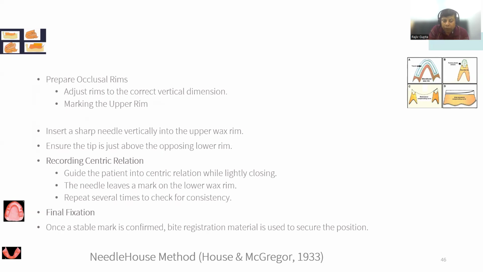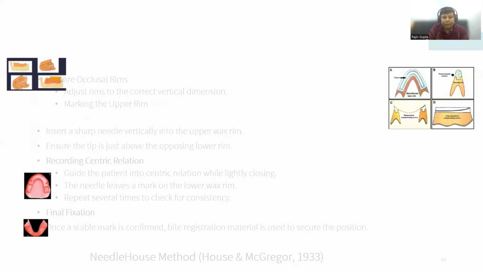Then these needles will keep making a mark whenever the patient does eccentric movements, creating a diamond shape marking on the opposing arch. We keep rechecking and re-verifying it, and once we get the right position, we confirm it, and then it can be locked with the help of bite registration material. The Needle House method was given by House and McGregor in 1933.